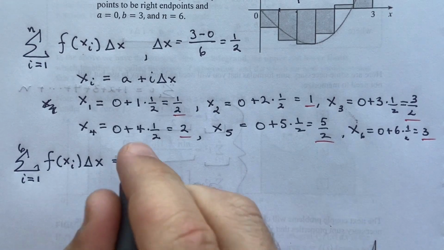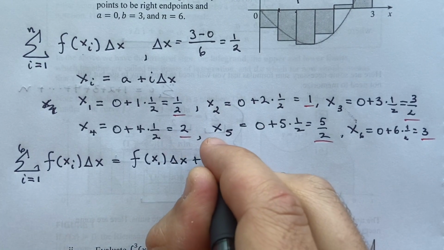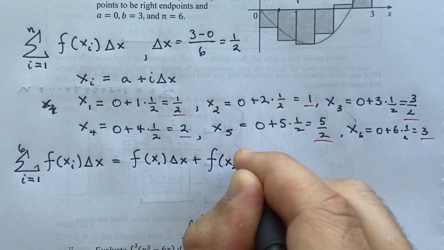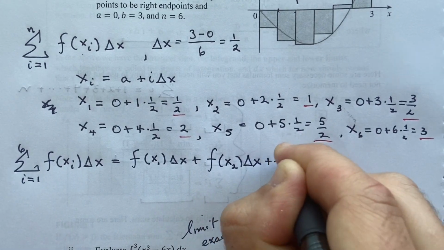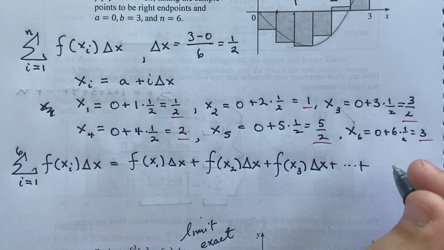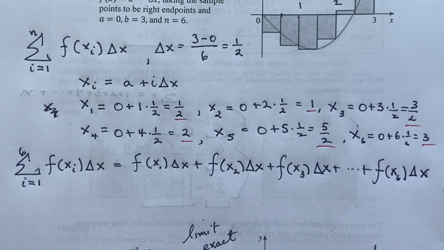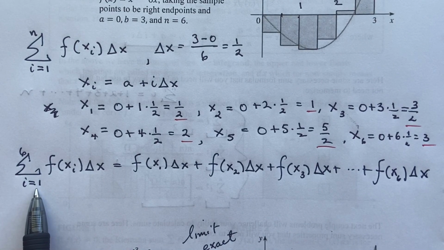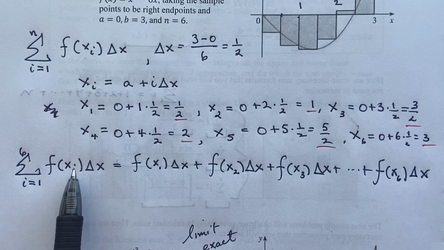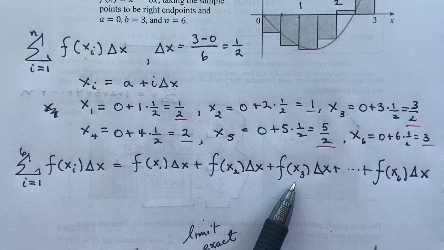So in other words, that sum would be f of x sub 1 times delta x plus f of x sub 2 times delta x plus f of x sub 3 times delta x plus dot dot dot all the way up to f of x sub 6 times delta x. Right, that's what the sum means, is cycle through I equals 1 to 6, just operating on this I right here. So here's I equal to 1, here's I equal to 2, I equal to 3.